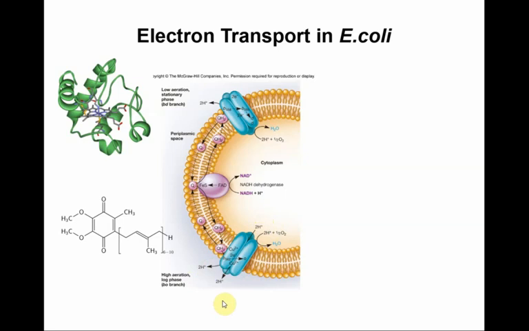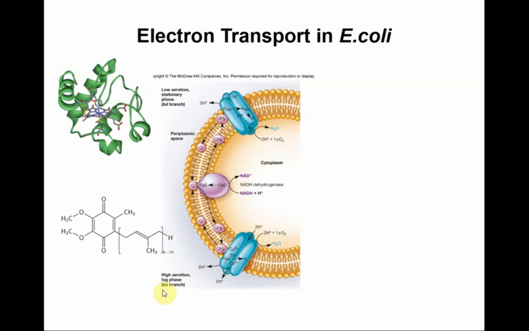So it's going to increase the proton gradient. But the problem with the BO branch is that the affinity for oxygen is quite low. So it's only going to function if the oxygen concentration is high. Now, for E. coli, in the gut most of the time, the oxygen concentration is very low. So it will mainly be the BD branch.